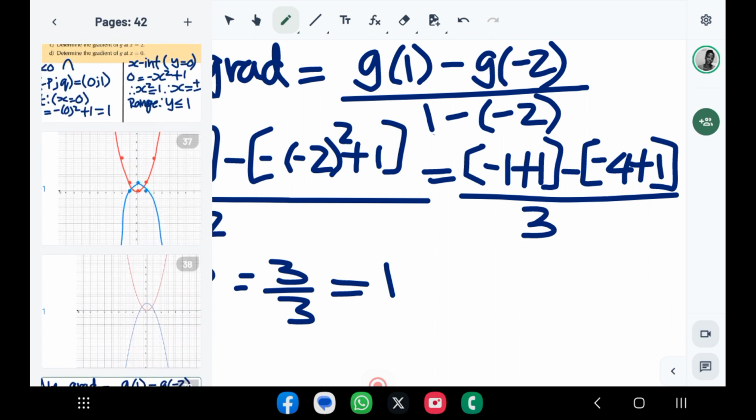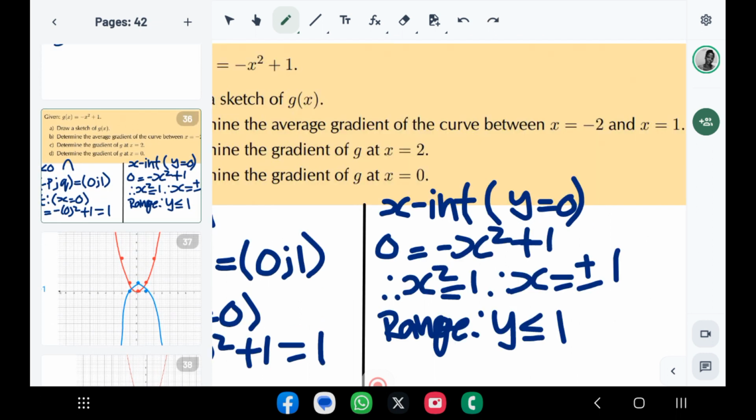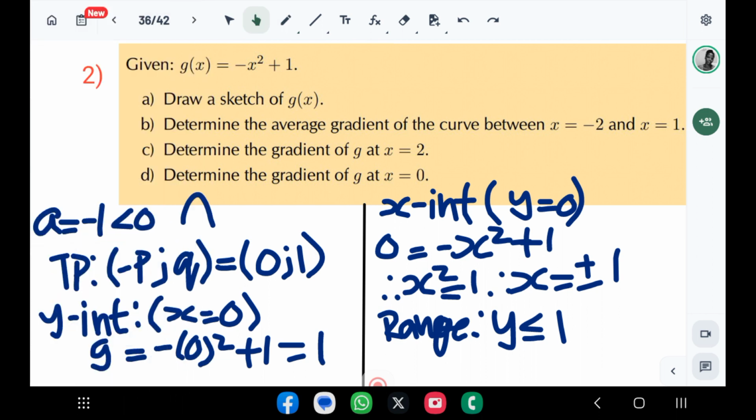Now next question. Determine the gradient of g at x equals 2. At x equals 2, what is the gradient of g?